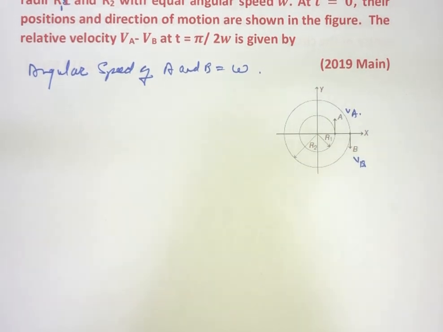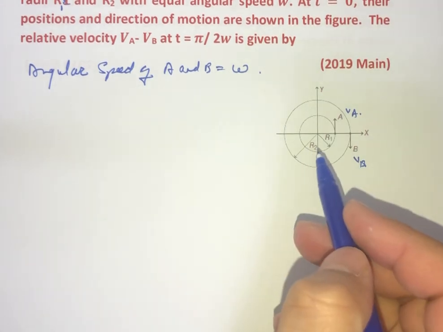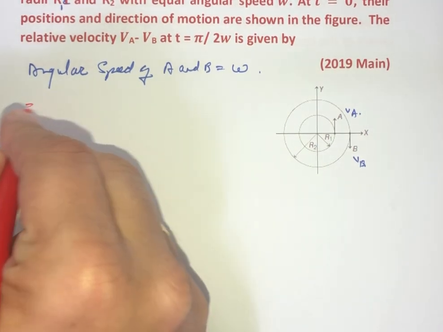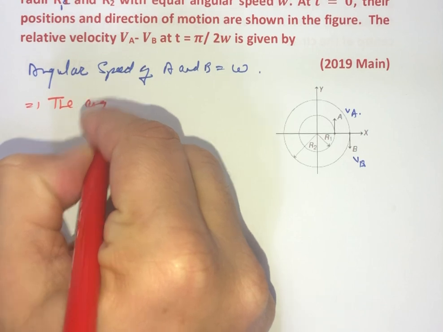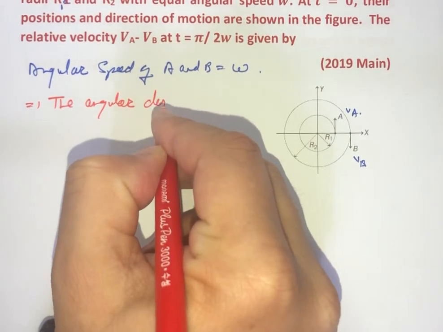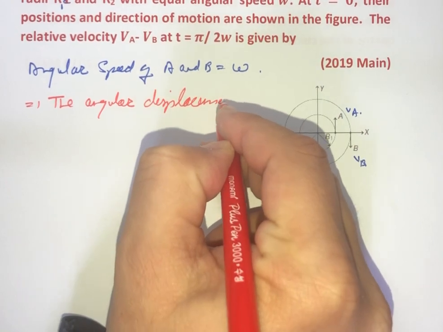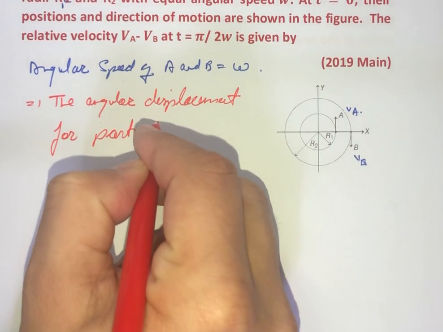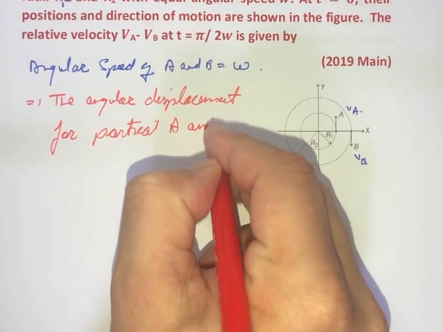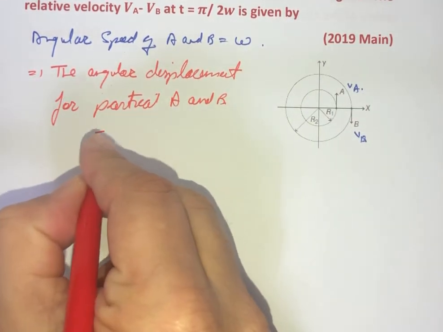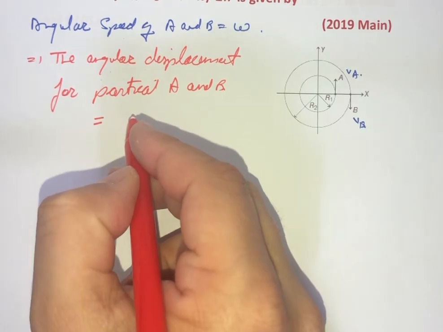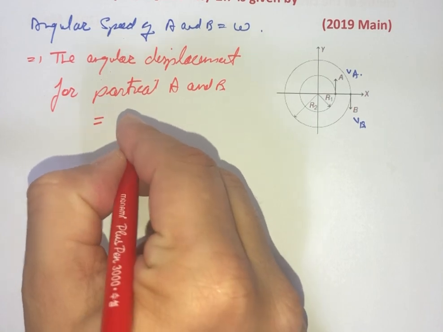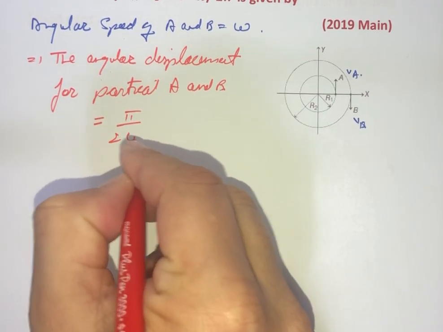So it means the angular displacement for particle A and B, this will be given as pi upon 2 omega.